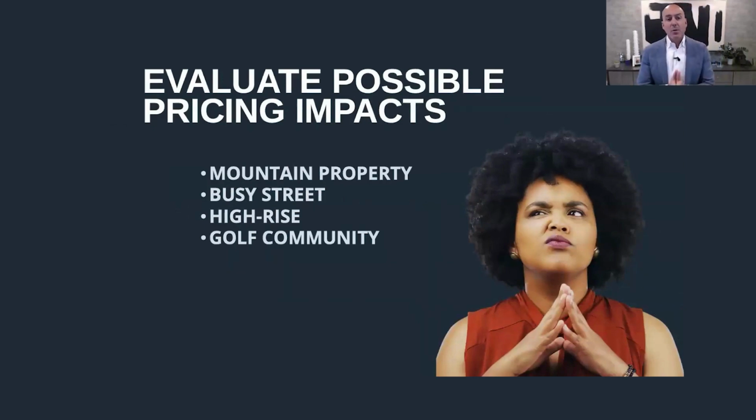The next thing we're going to do is evaluate possible pricing impacts. Okay, so again, if it's a mountain property, a lot of times it's going to be a big difference on view, right? What is the view? What does the property back up to? Does it have dirt road access? All these different things.